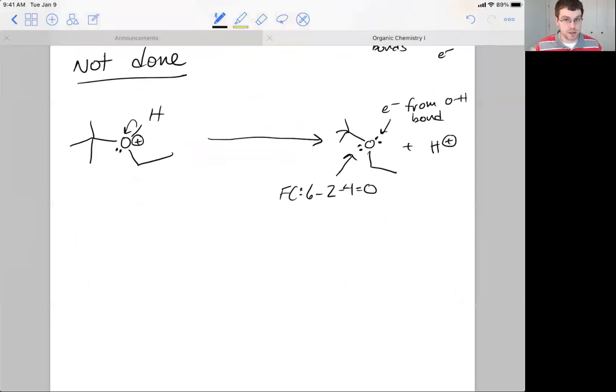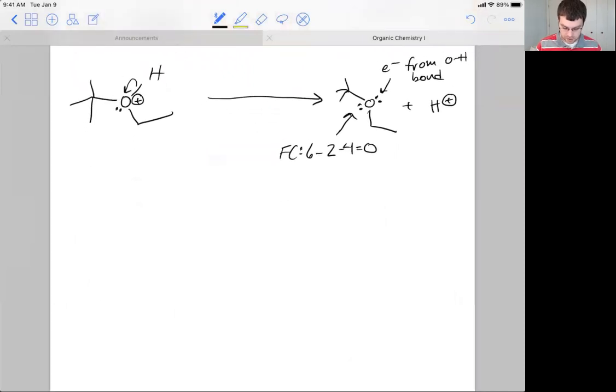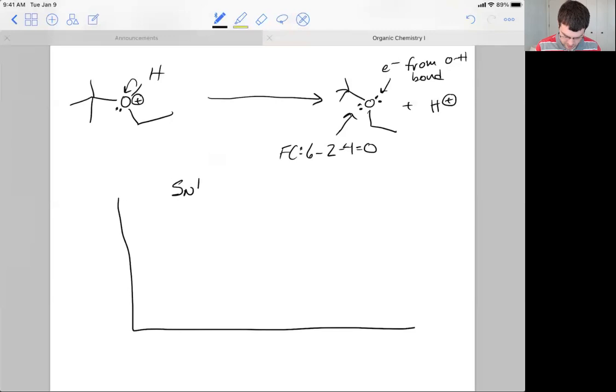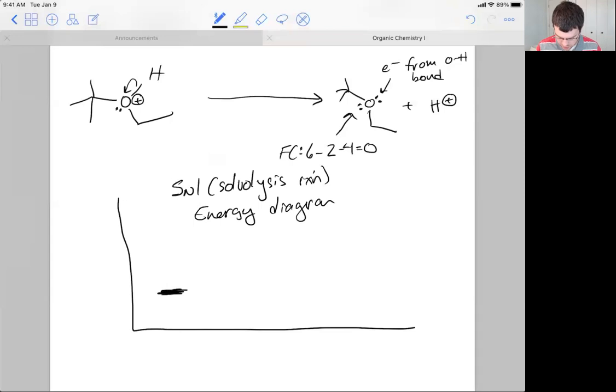And what we need to do then is just slightly revise our energy diagram for the solvolysis reaction. So this is going to be an SN1 solvolysis reaction energy diagram. Now, we're actually going to form two intermediates. So if this is our starting material, our products are down here.